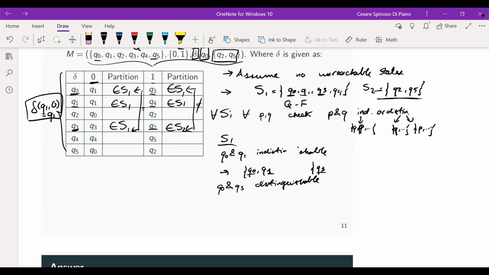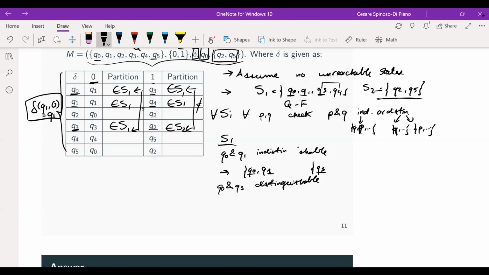Okay. The next thing you could do, if you want it to be always rigorous, is check Q0 with Q1, Q3, Q4, then Q1 with Q3 and Q4, and then Q3 with Q4. But because that's going to take a lot of time, and I might already know the answer, what I'm going to do is check Q3 and Q4.